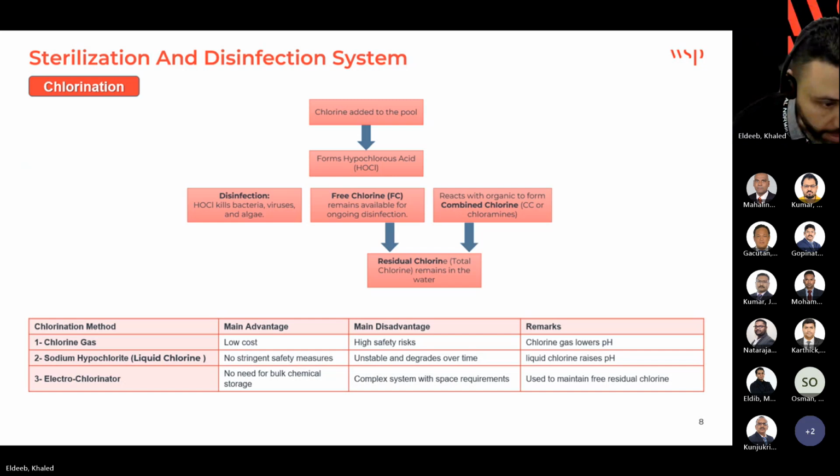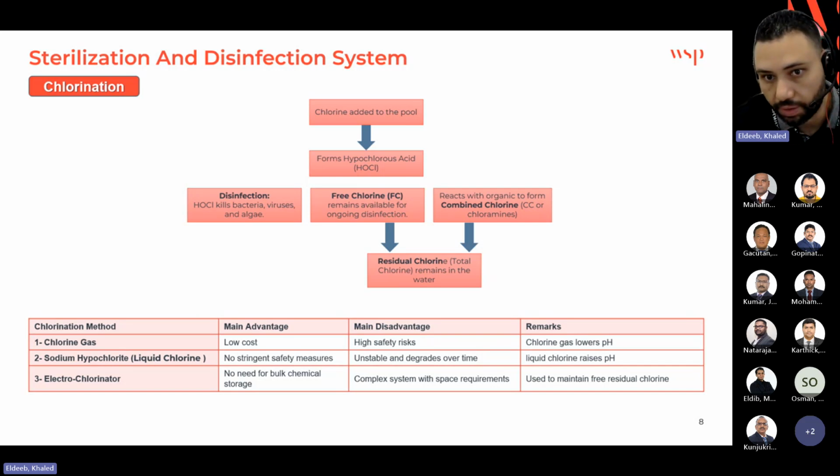So we have here in this table a comparison between the different types of chlorine. We have three types of chlorine, each having advantages and disadvantages. First, chlorine gas.